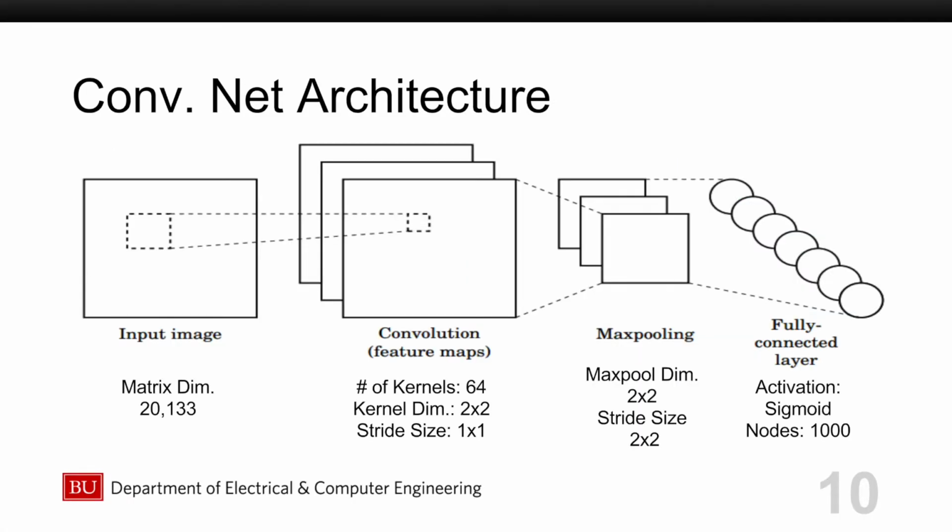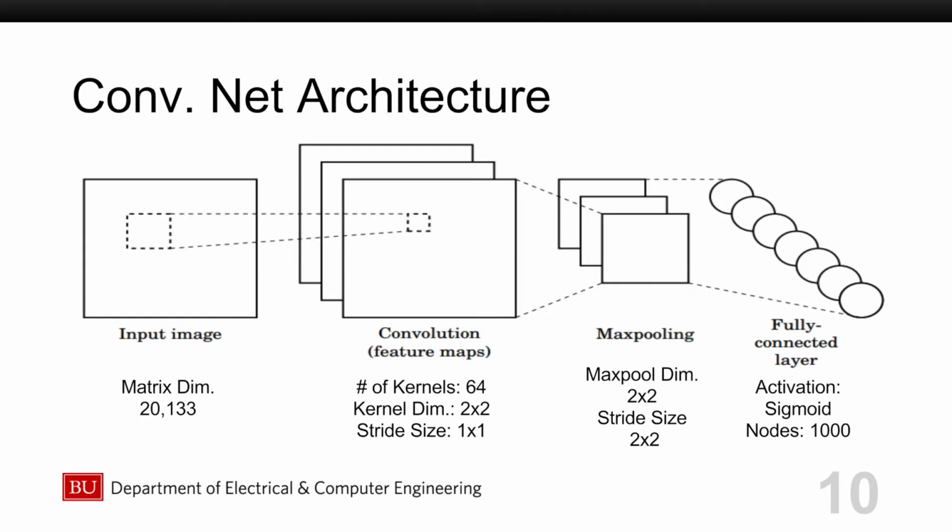The second model we used was a convolutional neural network, which had the following architecture. The model accepted a matrix with dimensions 20 by 133. Within the model, we used a single convolution layer that produced 64 different feature matrices with a kernel whose dimensions were 2 by 2 and had a stride of 1 by 1.